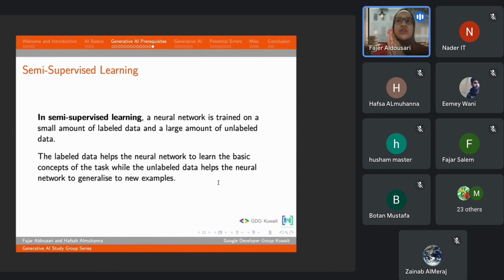Usually in practice, it's more difficult to get labeled data, because labeled data is something you would need to create manually. So this is a practical and efficient solution. It can use a small amount of labeled data and a larger amount of unlabeled data. And that would be semi-supervised learning.